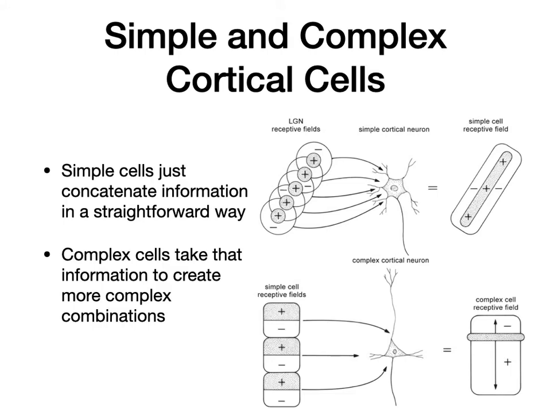You might have a cell that integrates all of those and says, as long as there is a long bar and then negativity around the edges, I'm going to simplify this signal, these things that are all right next to each other, into a single pattern. Whereas complex cells might take information and do something a little bit more complicated to change it to a new form, right?